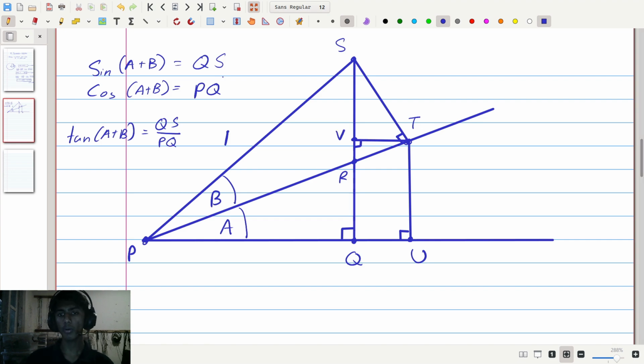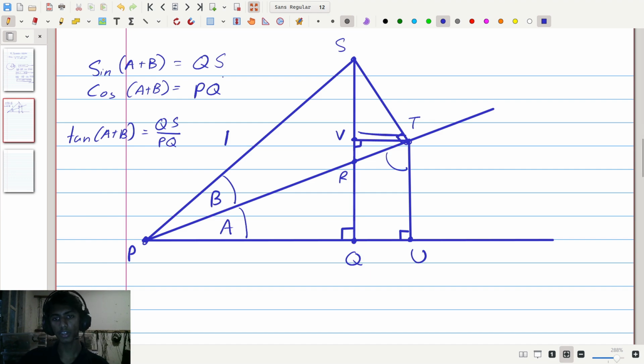So now we are almost done. We just have a little bit more work to do. Let's consider some more angles. I'm going to consider the triangle PTU. Inside of triangle PTU, this angle is A, this angle is 90, which means angle PTU is 90 degrees minus A. Now consider this.